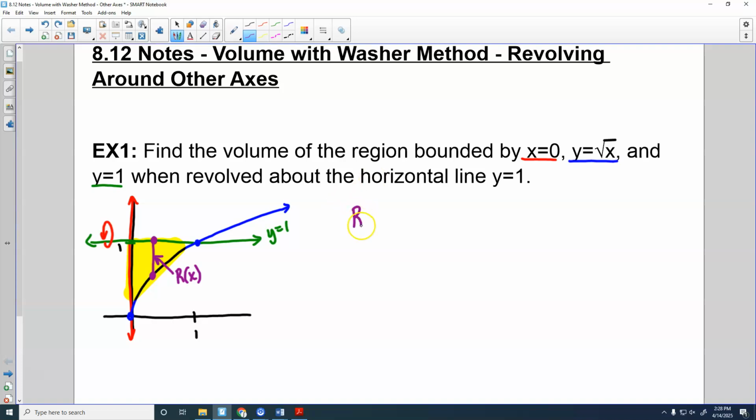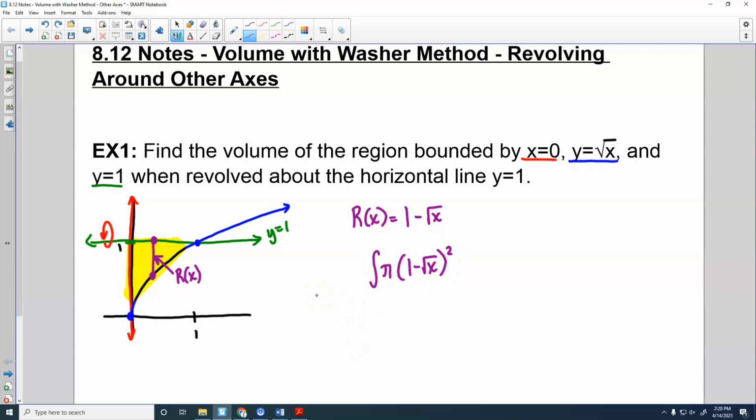So capital R of x is going to be the top of that line, which is 1, minus the bottom of that line, which is the square root of x. Are we okay there? Okay, so in this case, we're going to have pi times the radius, which is 1 minus square root of x, squared. We are going to integrate that.